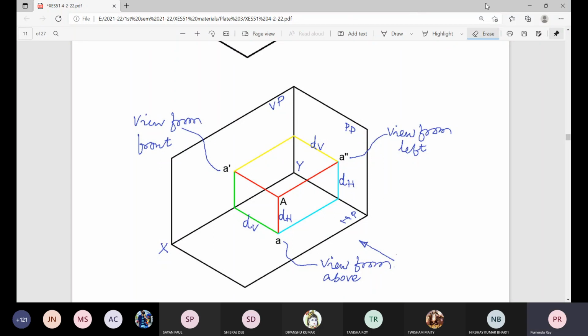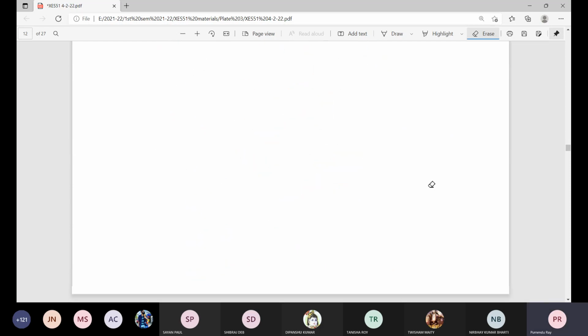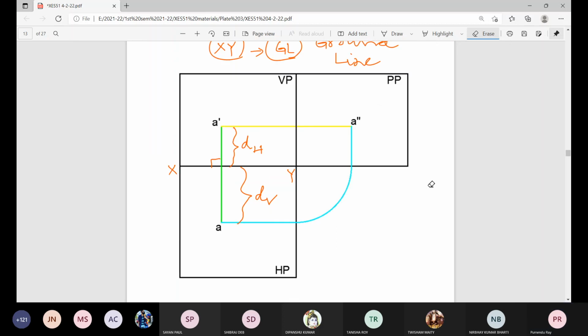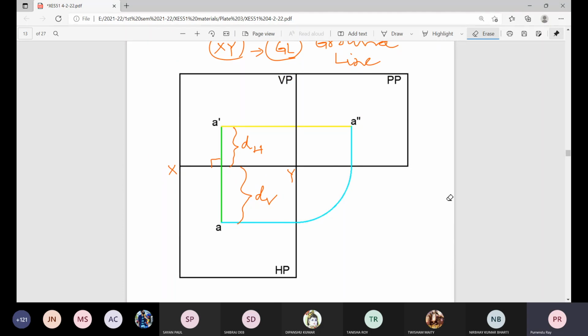next when you talk about that opened up space, first quadrant here, after that 90 degree movement, then this is the distance dH in elevation, that is height of the point capital A, that is how much above HP it is. Now this is the distance, how much away from the vertical plane, dV, it is coming in plane.